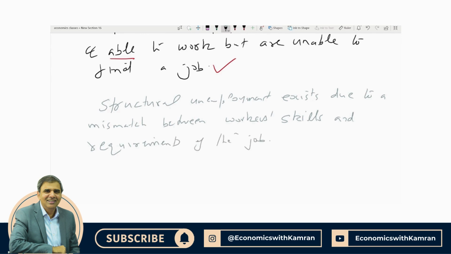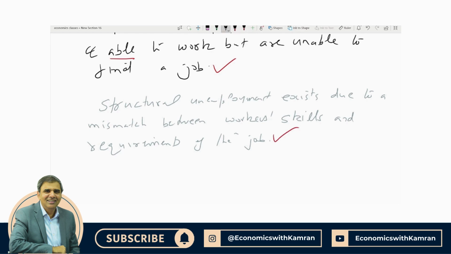If a person possesses skills which are not needed, whereas the job requirements are different, even though he has skills, but skills are not wanted, he will be unemployed, and that unemployment is known as structural unemployment. So we can get another mark for giving explanation of one type of unemployment.